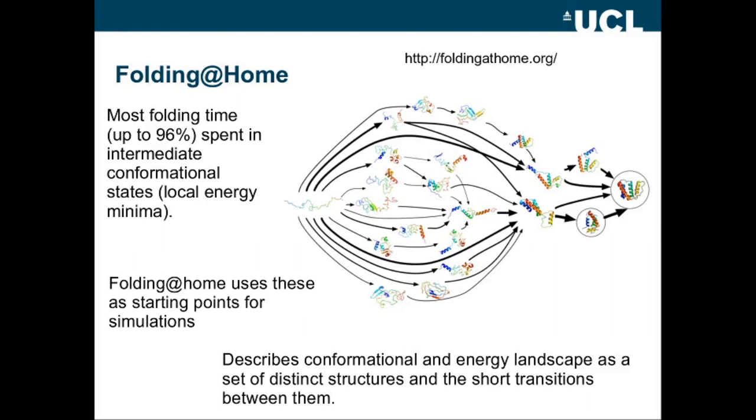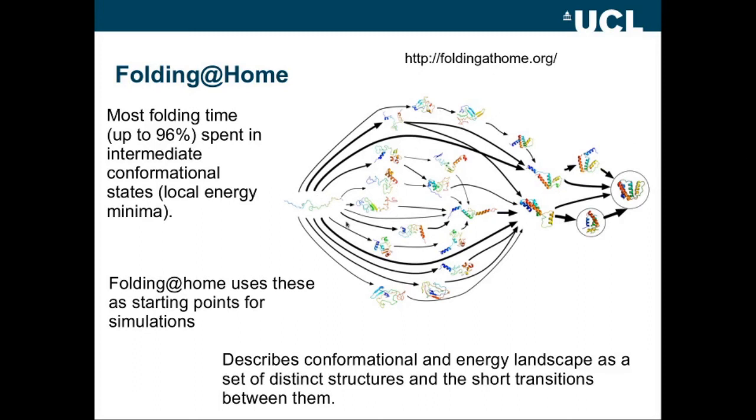Now, there are also some folding experiments that you can take part in. So folding at home is a simulation of protein folding, and they've shown that most of the time involved in protein folding, up to 96%, is spent in intermediate conformational states. And these are shown here.